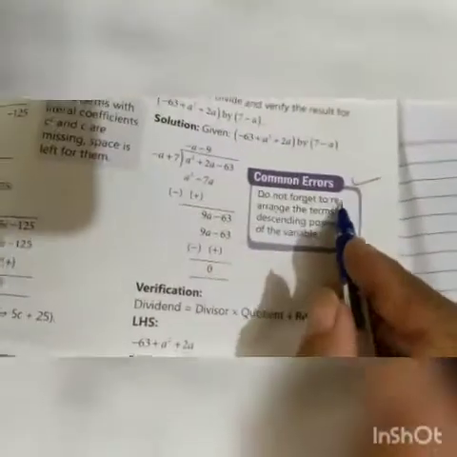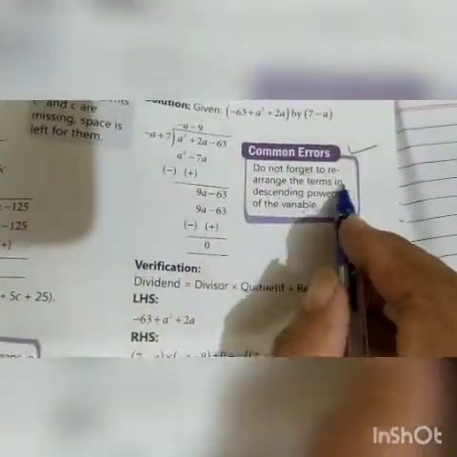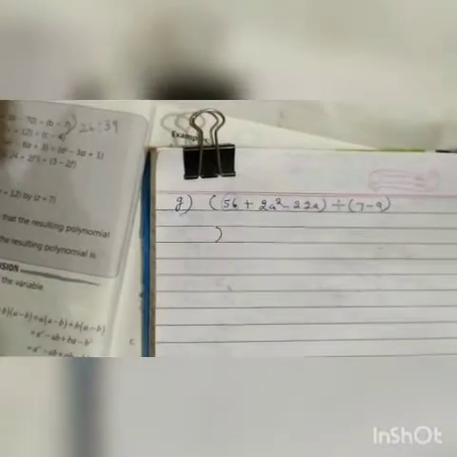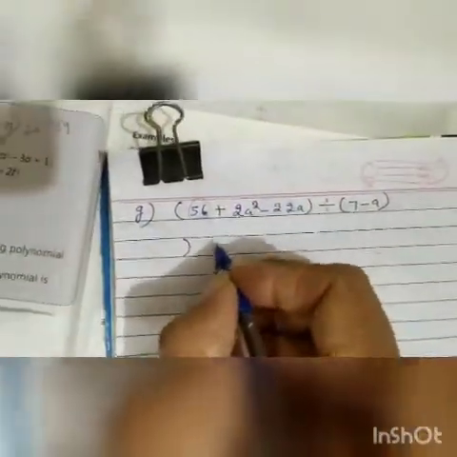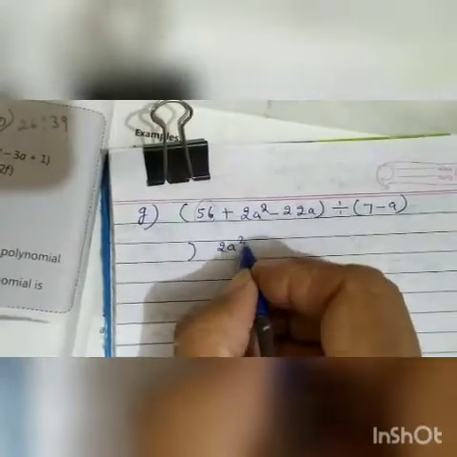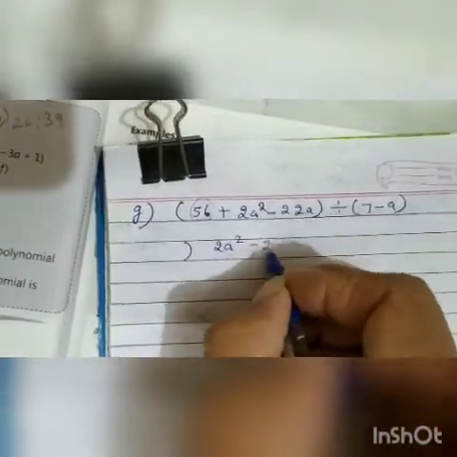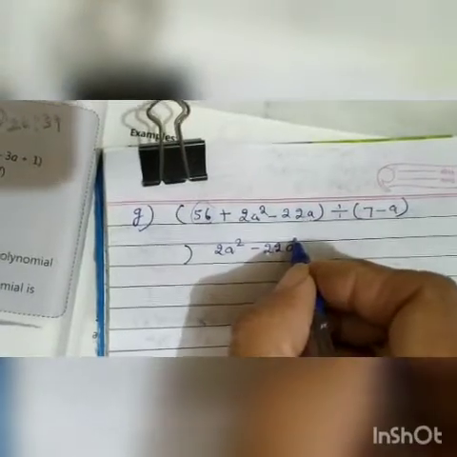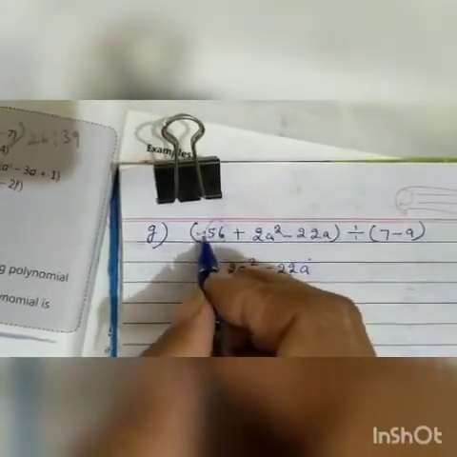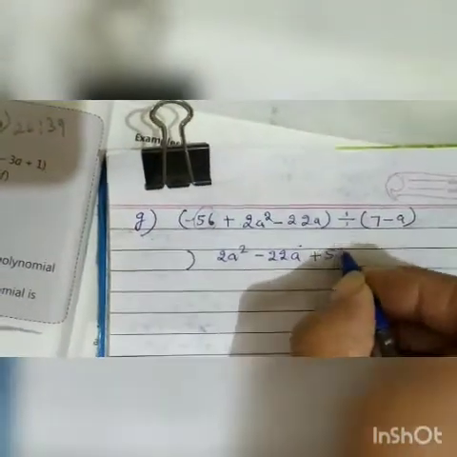Do not forget to rearrange the terms in descending powers of the variable. So we will write it first as 2a square, then minus 22a, it is power 1, then plus 56, this sign will be considered as plus 56.